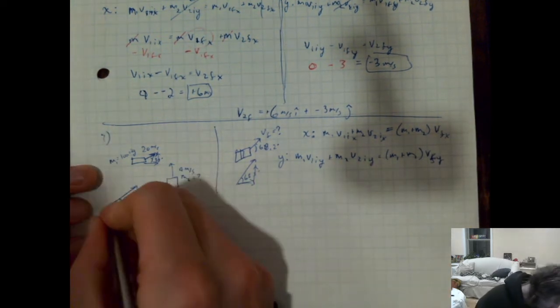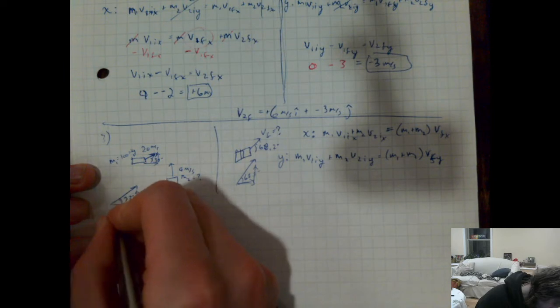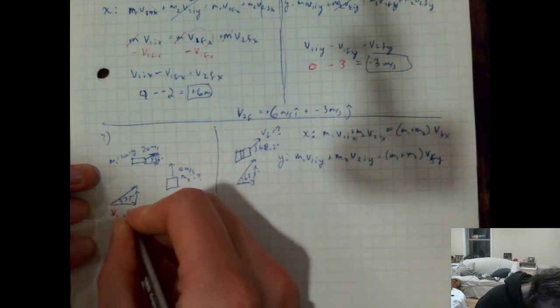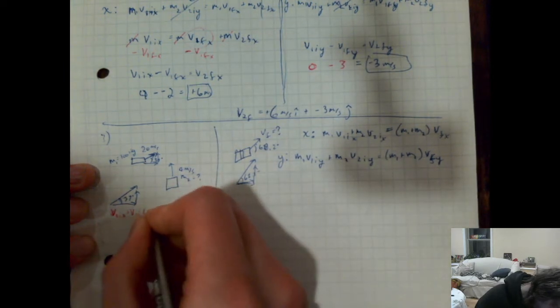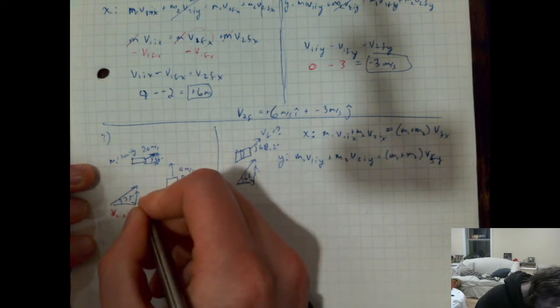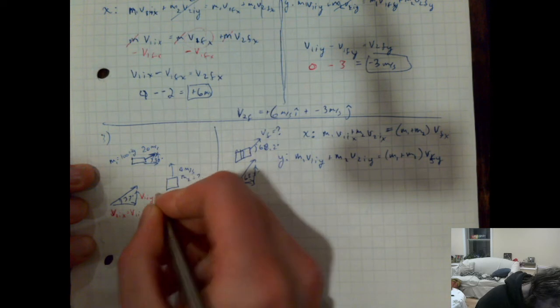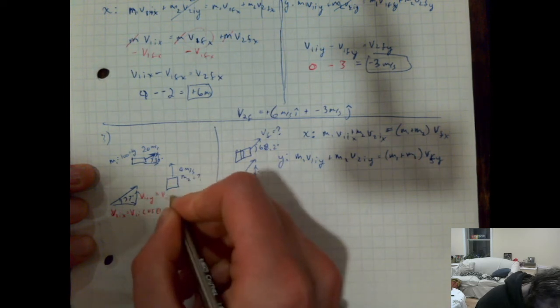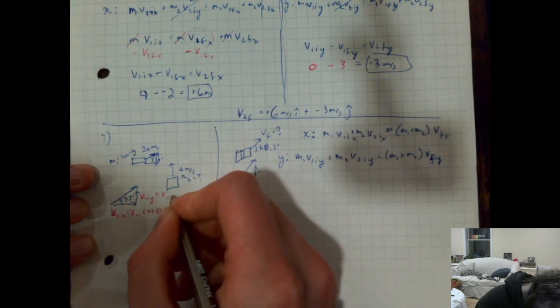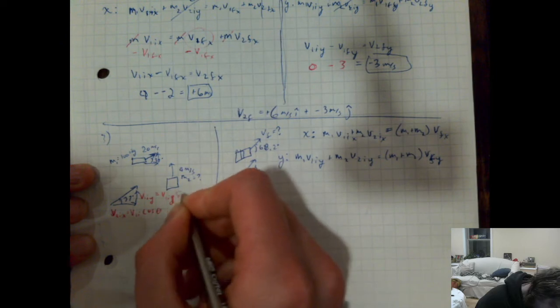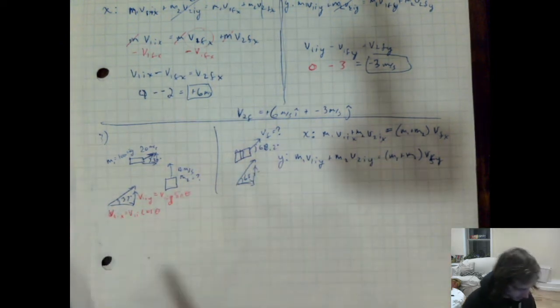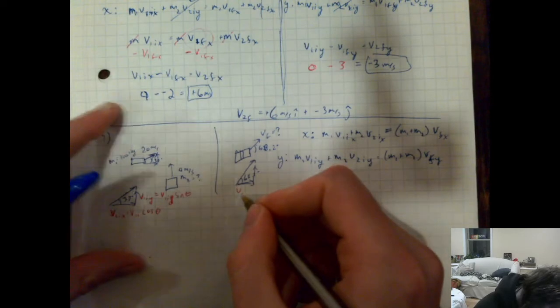Then our v1 initial x is going to equal v1 initial times the cosine of the angle, and y is going to be the same, but with the sine of the angle. Oops, no x there, sine theta. And we can do a similar thing with our vf.